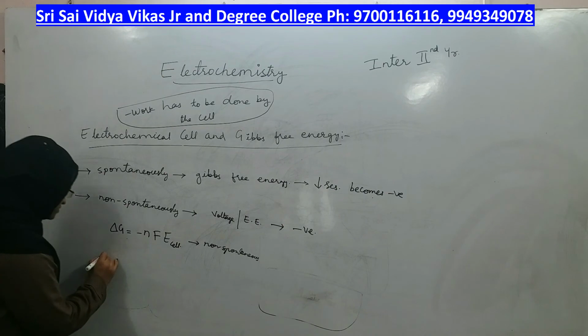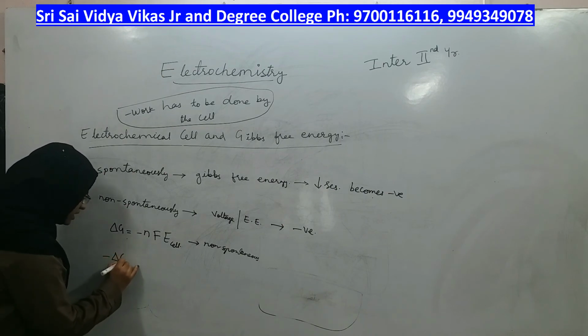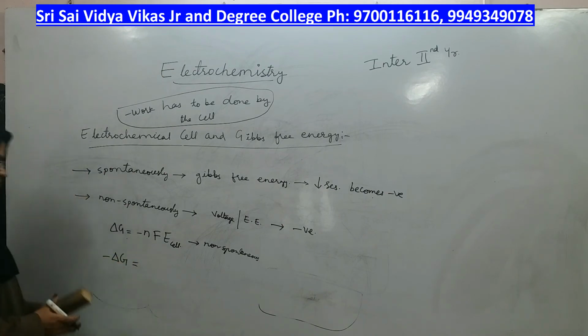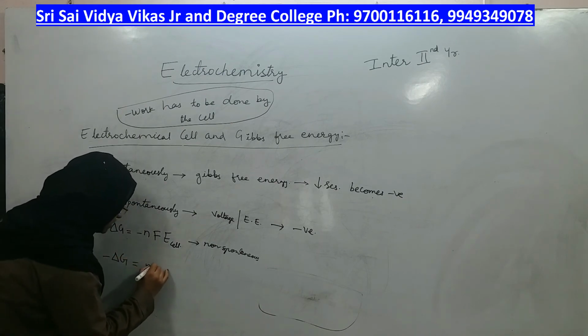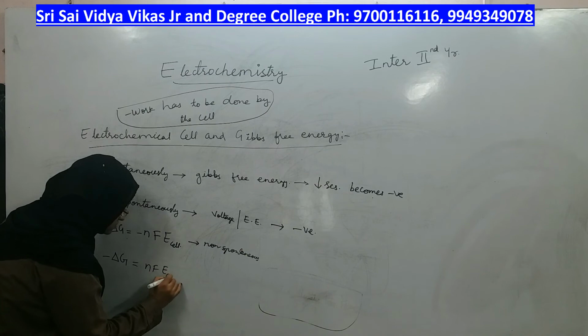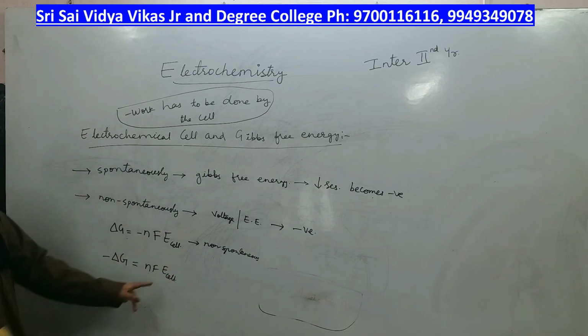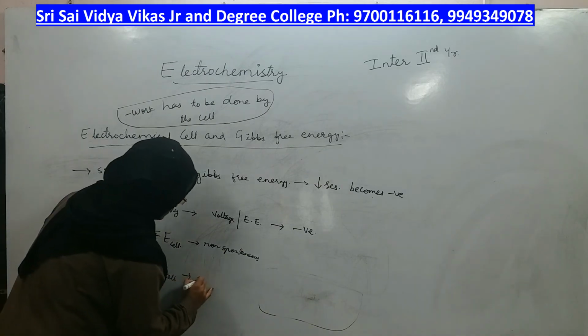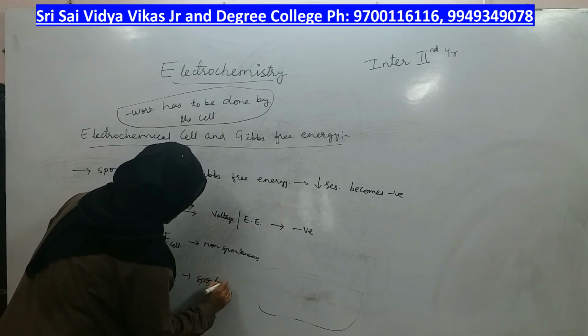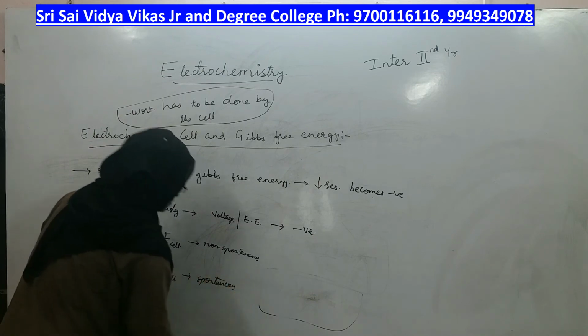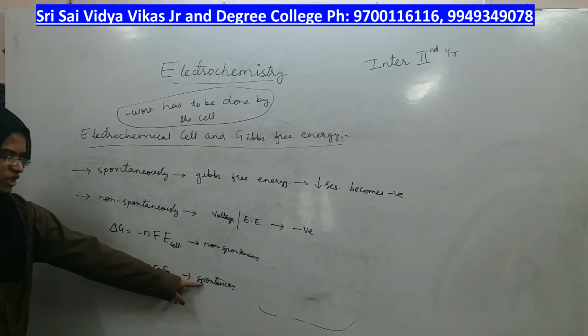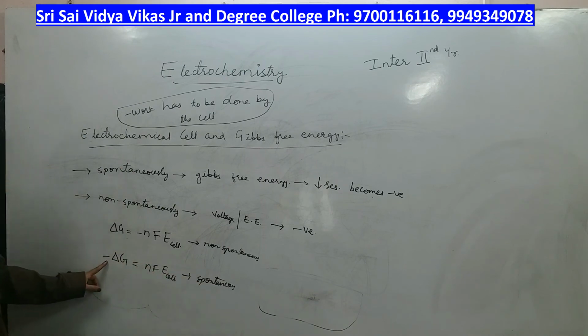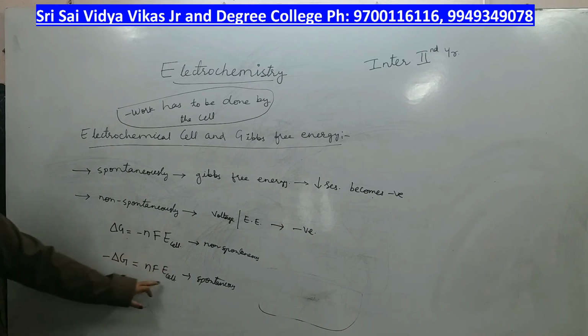But if inside energy changes, if inside energy reduces, the work done will be positive. That is a spontaneous reaction. If a spontaneous reaction takes place, Gibbs free energy reduces and this is positive.